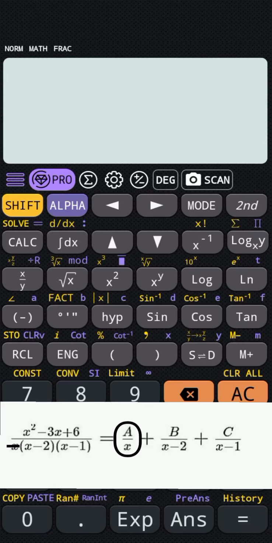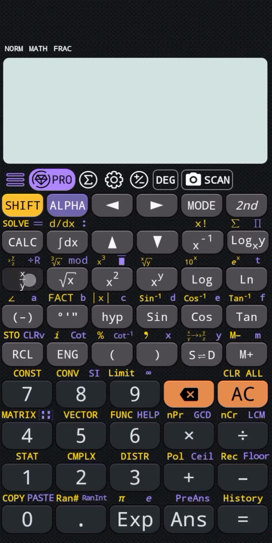Let's go. On my calculator, you come to fraction. Then at the top you write your x squared minus 3x plus 6. You have to press alpha to get your x. Then you have your squared, minus 3 alpha x, plus 6.